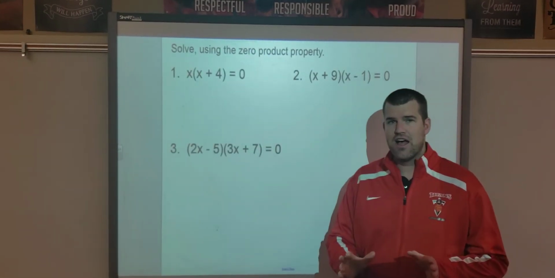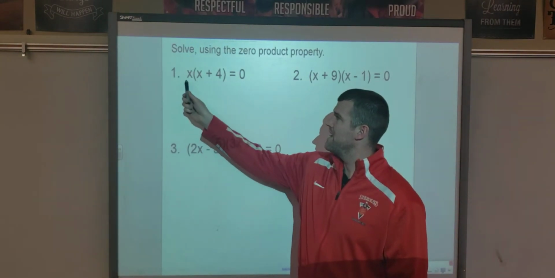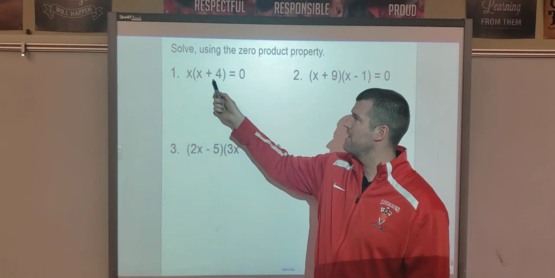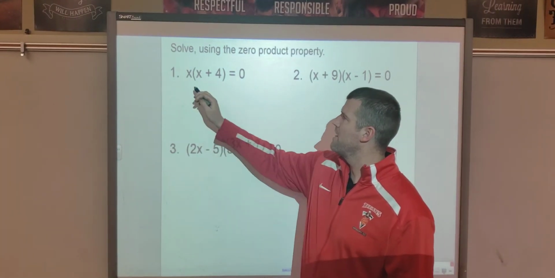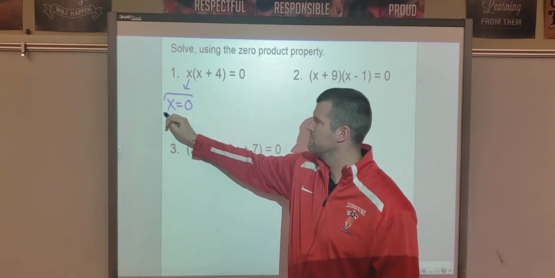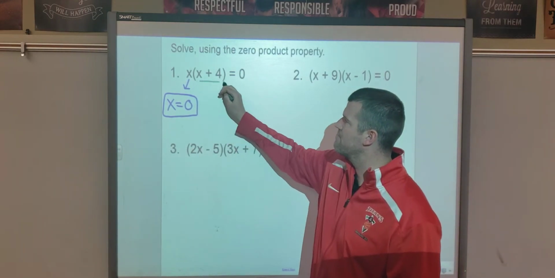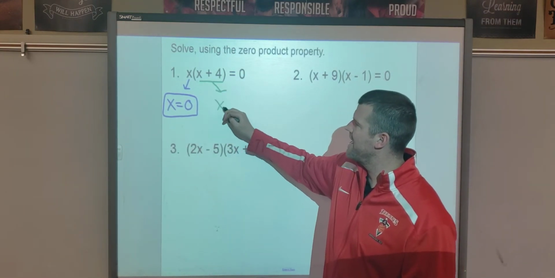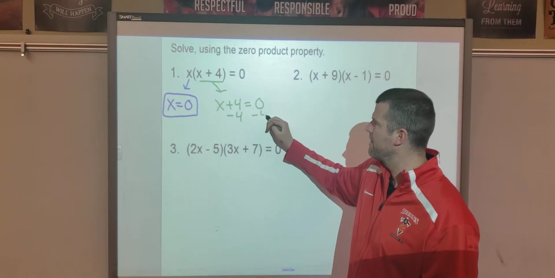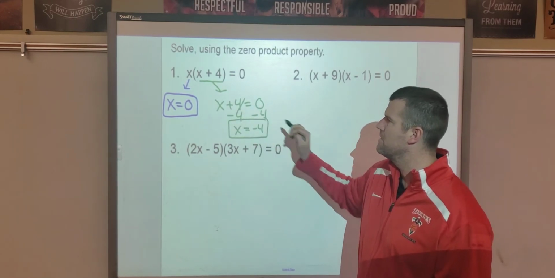All right, if you're lost, let me clarify it for you. If we factor and we get x times x plus 4 is equal to 0, I know that when I multiply these together, I get 0. So either this first factor, x, equals 0, or I know my second factor, x plus 4, has to equal 0, and I solve it, and my second solution would be negative 4.